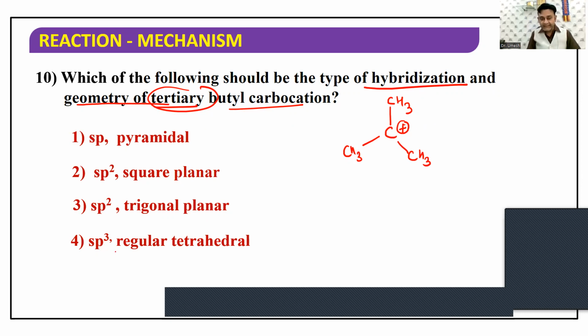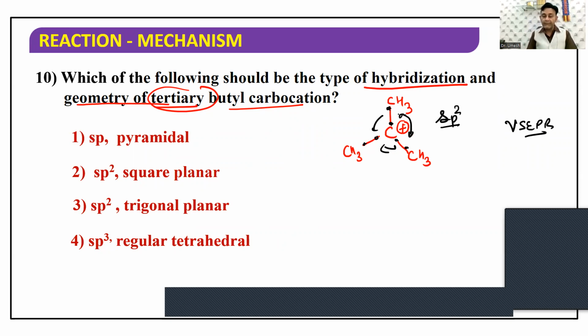And this is the central atom which carries a positive charge, having 3 pairs of electrons, right? So this will be sp2 hybridized. And from VSEPR theory, these pairs will repel each other in such a way that they get maximum stability and minimum repulsion.